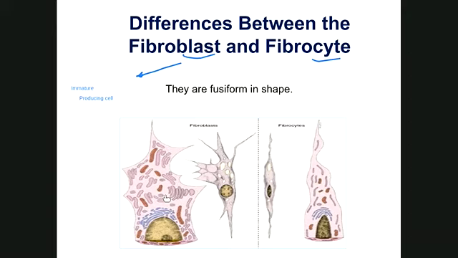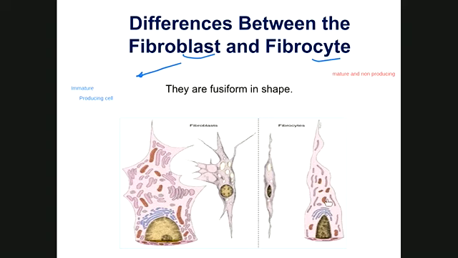When they become old, we call them cyte. They become mature and non-producing. But they have this capacity to become producing again. So the cyte means mature and non-producing. As you see in this picture, the fibrocyte is smaller than fibroblast.